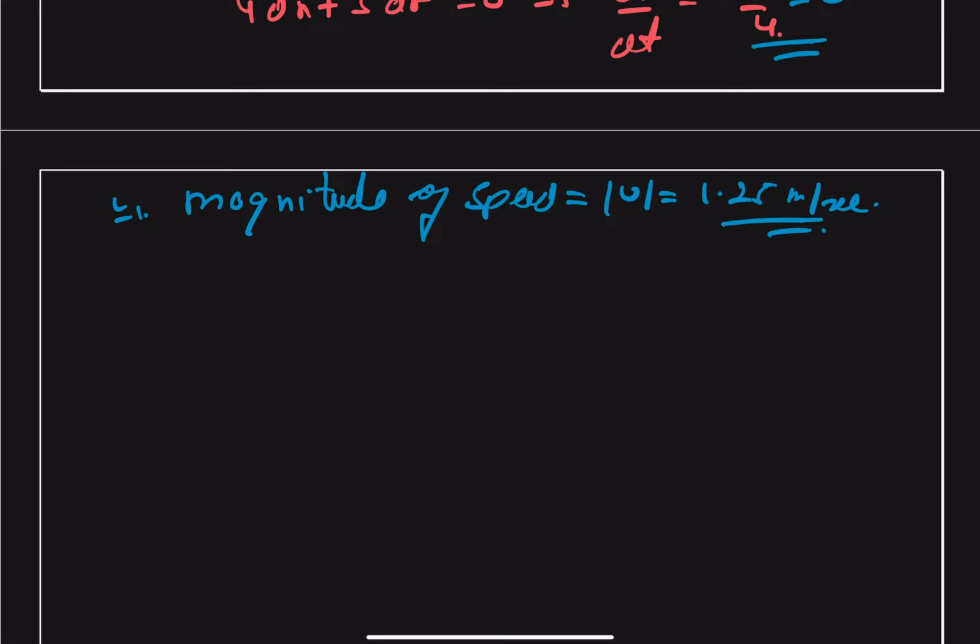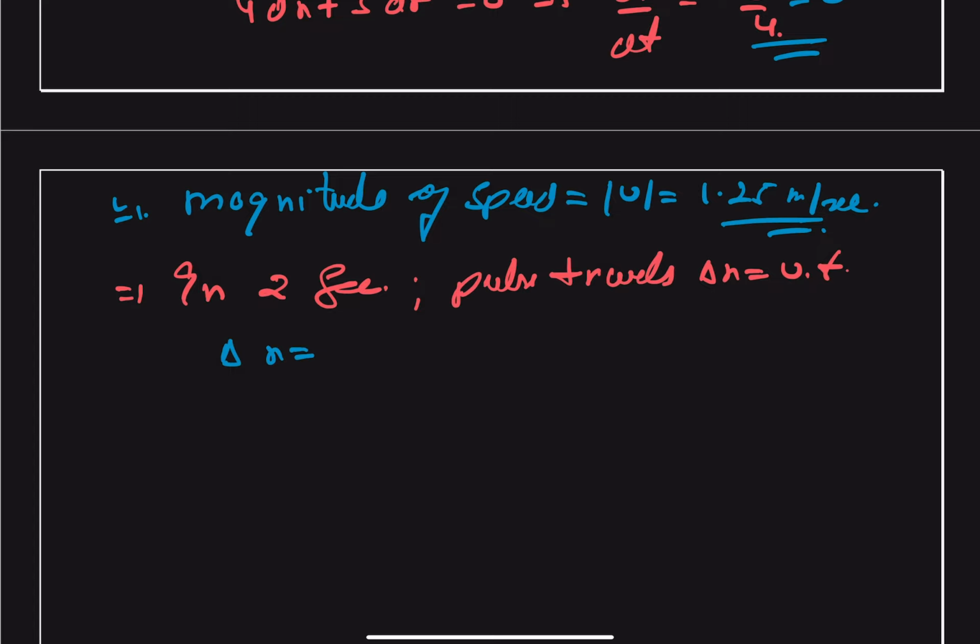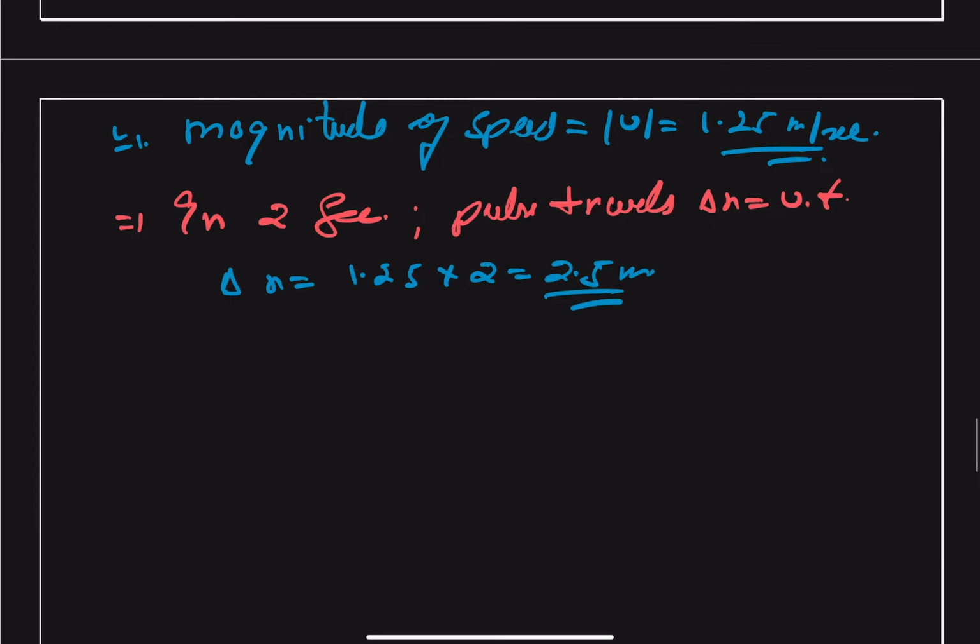In 2 seconds the pulse travels, let us suppose, delta x, which is equal to v multiplied by t. We substitute the value: delta x is equal to 1.25 multiplied by 2, and this gives us 2.5 meters. It means option B is correct.